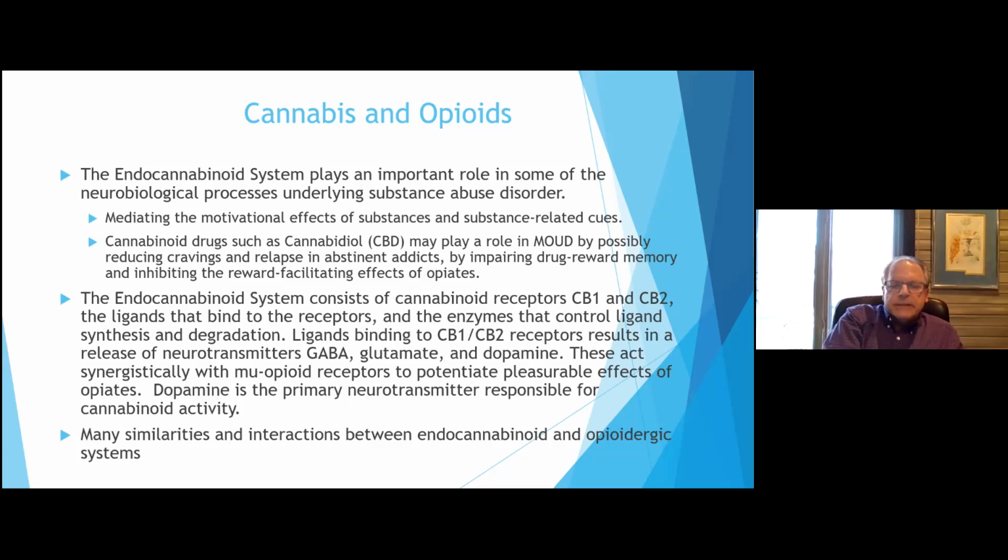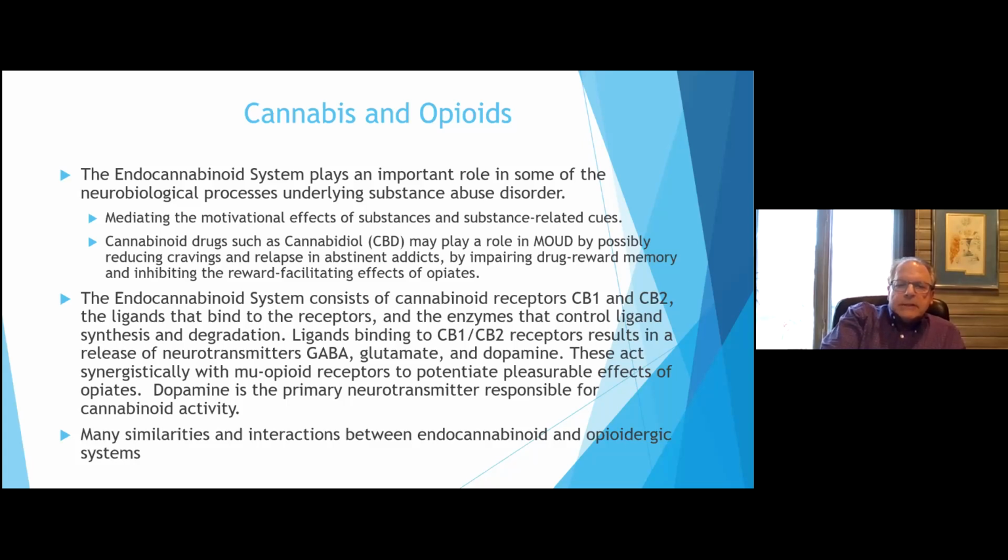The endocannabinoid system really consists of the CB1 and CB2 receptors. The CB1 receptors can be anywhere, but they're commonly in the brain and periphery. CB2 receptors are mainly in the periphery, although they can also be seen in some areas of the brain.